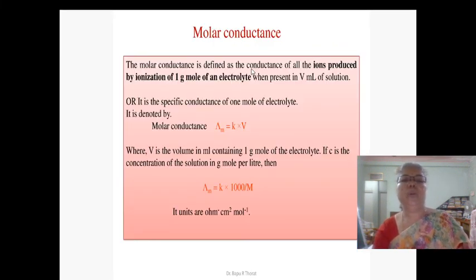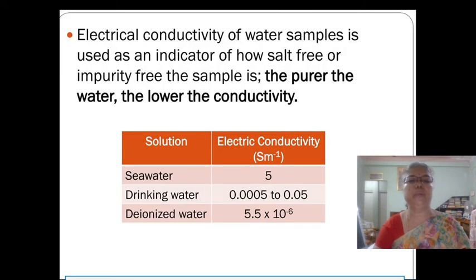Then molar conductance is nothing but the conductance of all the ions produced by ionization of 1 gram mole of electrolyte when present in V ml of solution. Mathematically it is written as lambda m is equal to kappa into V, where again kappa is the specific conductance and V is the volume of solution.